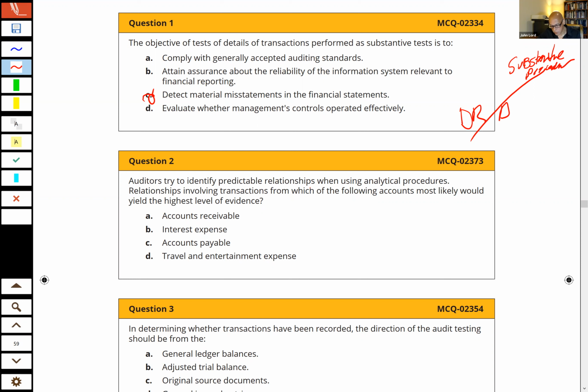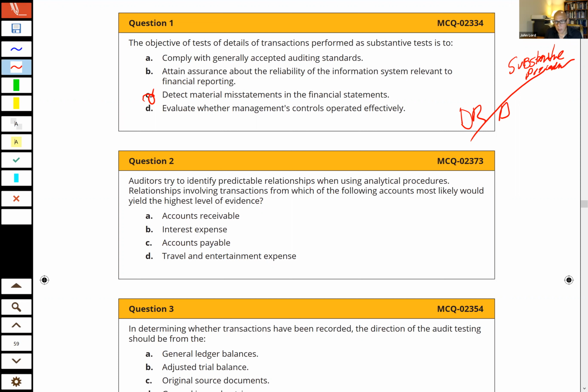So accounts receivable, we're going to be worrying about the existence assertion. Can we really come up with an analytical procedure? Sometimes students will say, well, why don't we look at sales and accounts receivable? What if it's a cash sale? So you look for the account that has the least possible amount of noise around it.